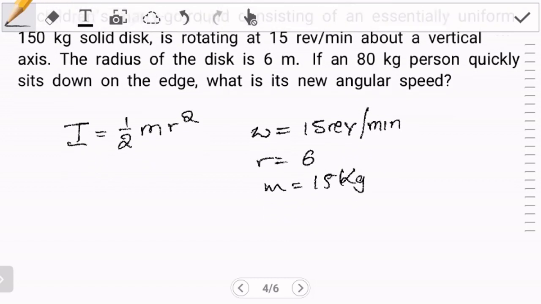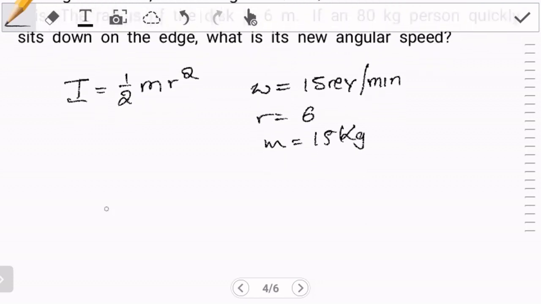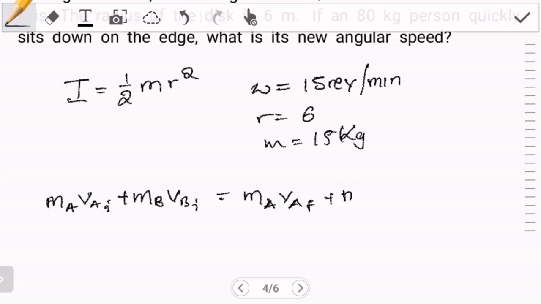Okay, so from linear momentum, what we saw, its conservation, was that if two objects are going to interact, we would have the mass of the first one multiplying the velocity of the same object initially, summing to the mass of the second one times its velocity before collision, being the same as the mass of A times the velocity of A after collision, plus the mass of B times the velocity of B after collision.